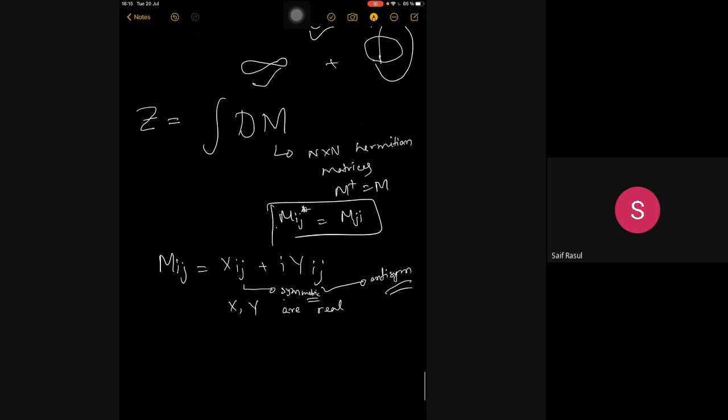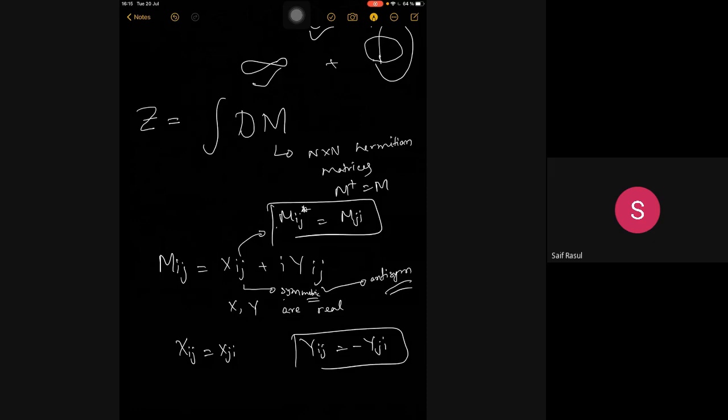Symmetric, because for this to hold they have to be symmetric. Otherwise this won't hold, because if you're transposing it and taking the complex conjugate, you need xij to be equal to xji, and yij should be equal to minus yji.